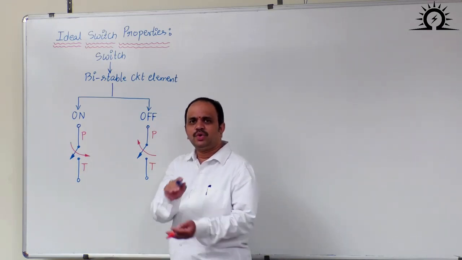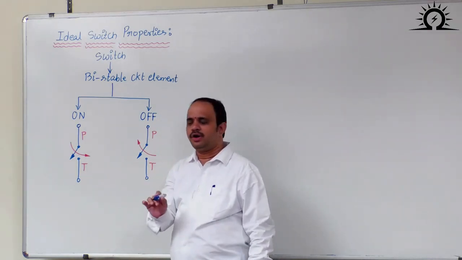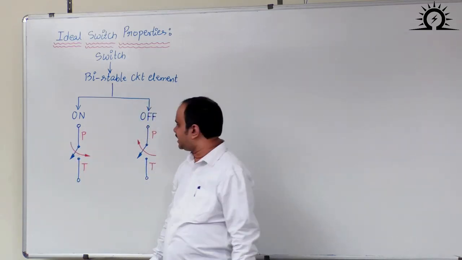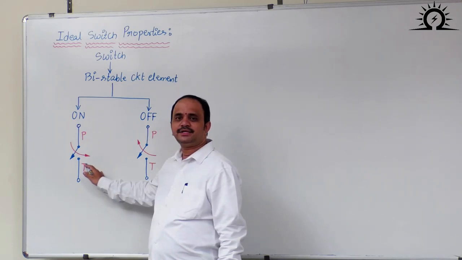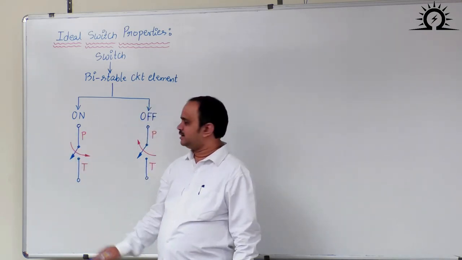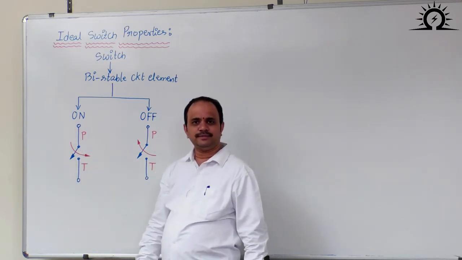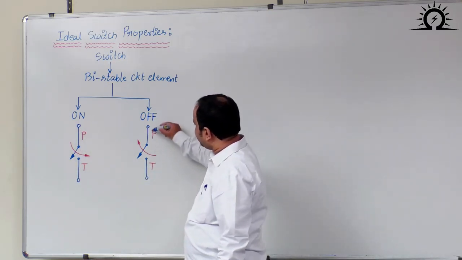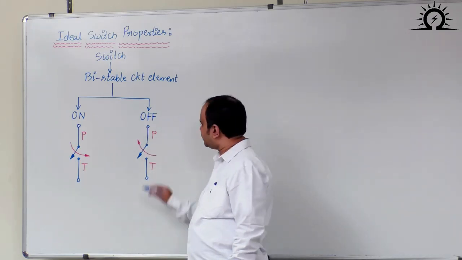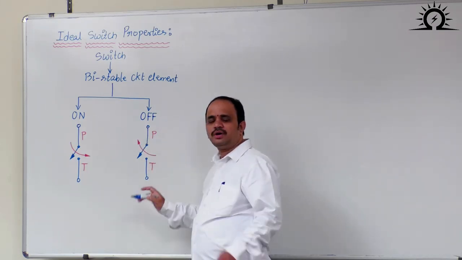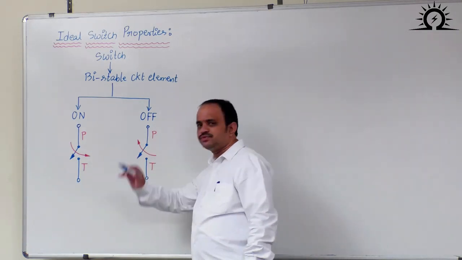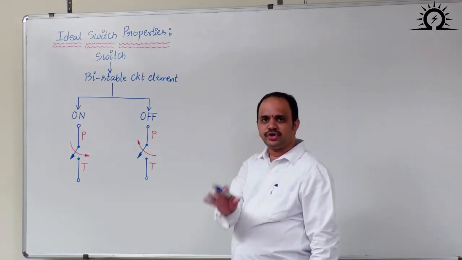Whether you are writing in a descriptive manner or not, if you show this symbol in this way, the user can understand. The red color arrow is telling that the switch is in closed condition. The blue color arrow indicates the direction of current flow. Now, in this particular case, the red color arrow is showing that pole and throw are not in contact with each other. They are separated. That is the switch symbol, switch notation.